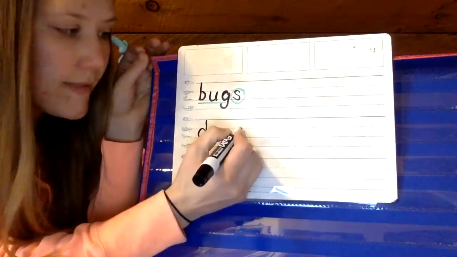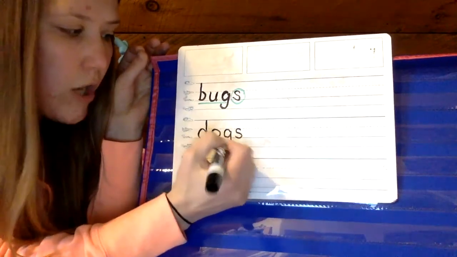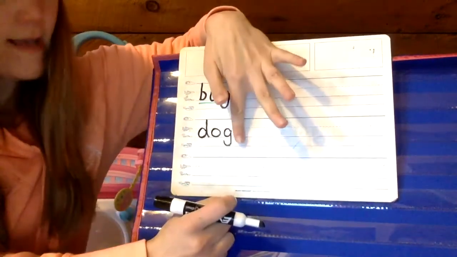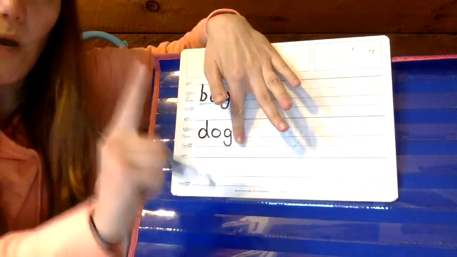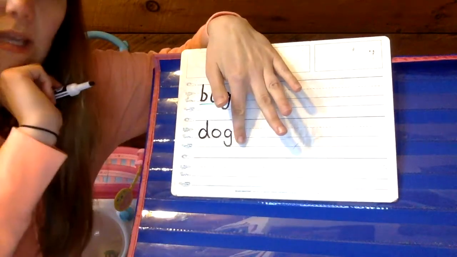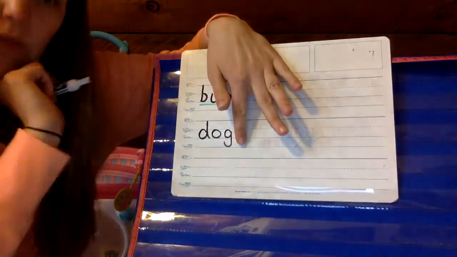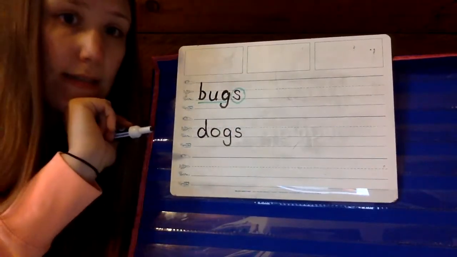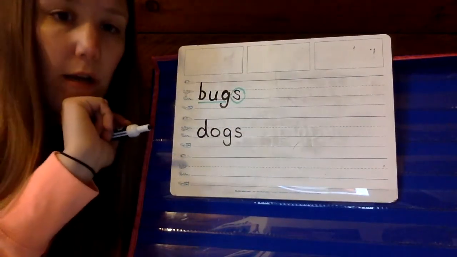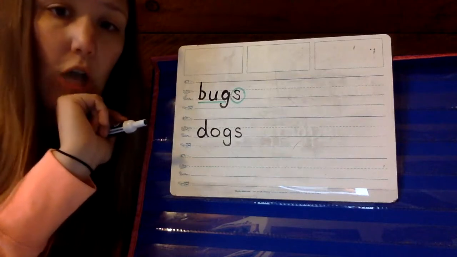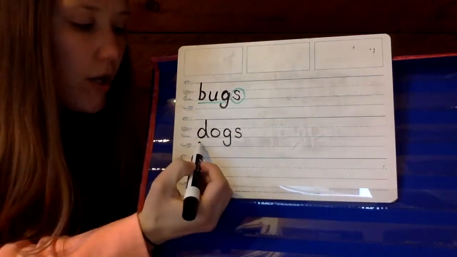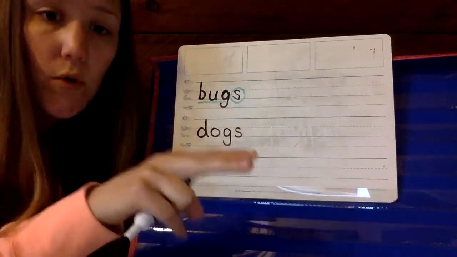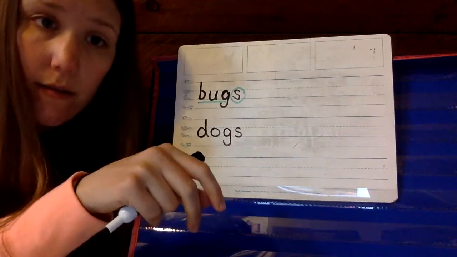And let's add that suffix S. Dogs. Without the suffix S, we are talking about one dog. She has a brown dog. One dog. But with the suffix S, even though it makes the Z sound, we are talking about more than one dog. She has two black dogs.